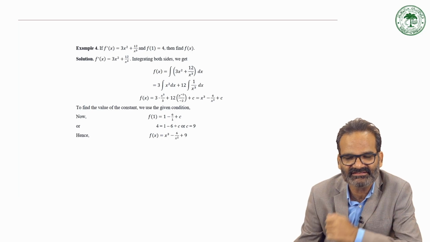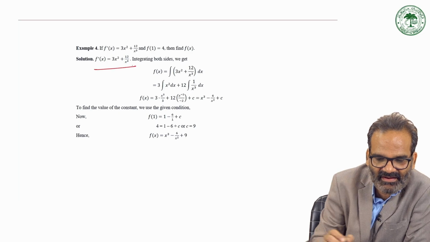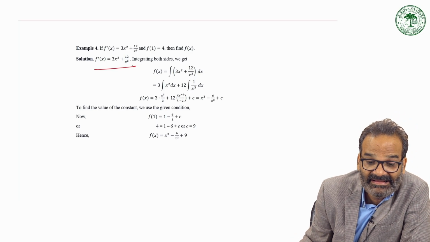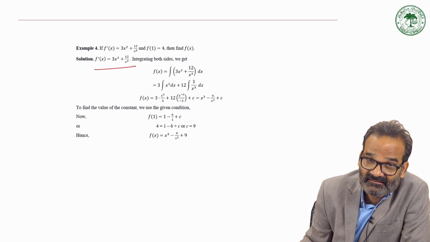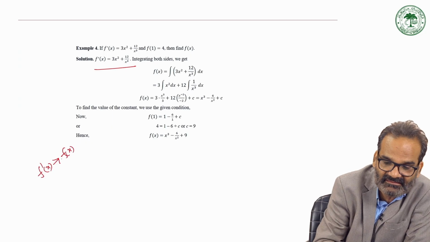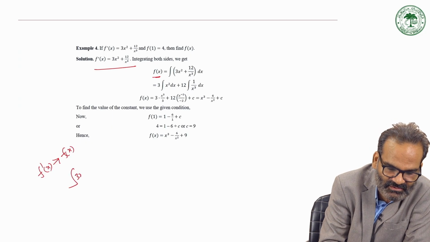This is called integration. See, f dash x is given as 3x square plus 12 upon x cube, integrating both sides. So when we will integrate f dash x, we will get its function fx, right? So this is fx. And integral of 3x square minus integral of 12 upon x cube.